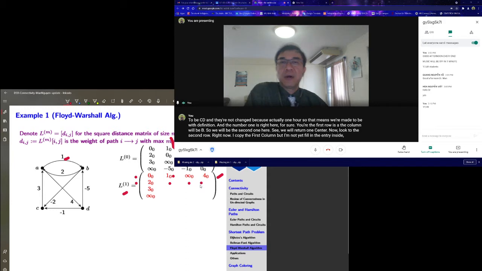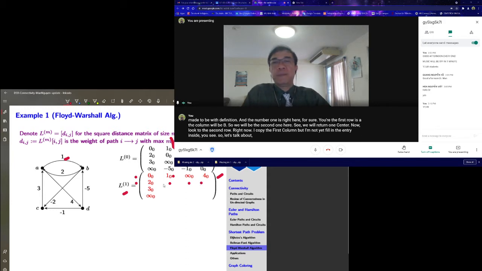So let's talk about from B to B, second row, second column. Can we go like that from B to B? Well, interesting because this is a directed graph. Go very slowly. Right now we can go from B to A, right to the left, and then we go back from A to B, left to the right.